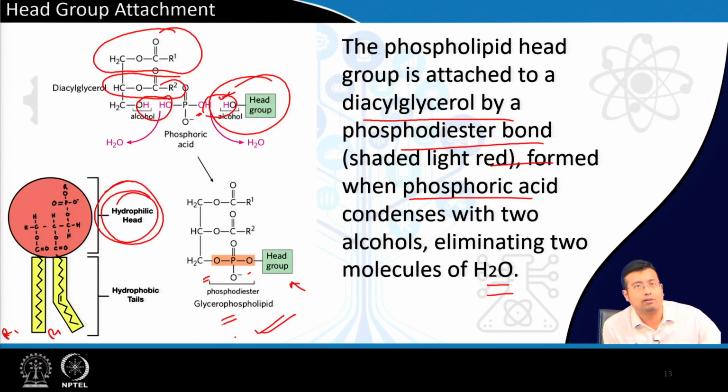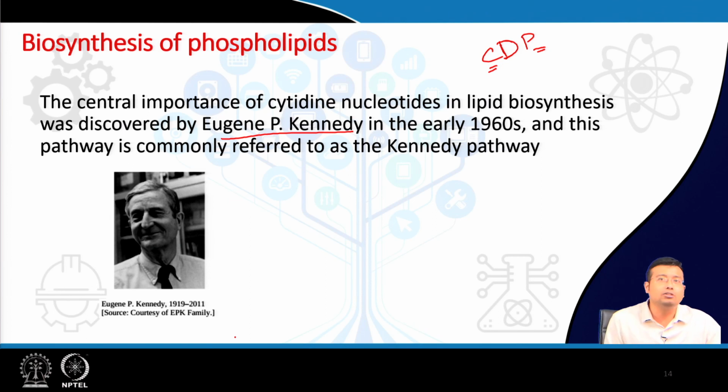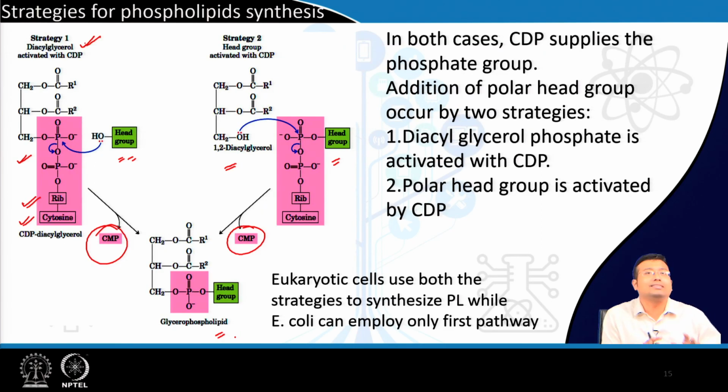This thing is theoretical. Whenever a phosphoric acid condenses, it loses 2 molecules of water. This was thought earlier, but it is Eugene Kennedy who discovered this is not how it happens. It actually happens when alcohol, specifically during head group donation, is in the CDP form, and especially during condensation of the phosphate group. So, CDP phosphate either with glycerol or CDP phosphate with alcohol.